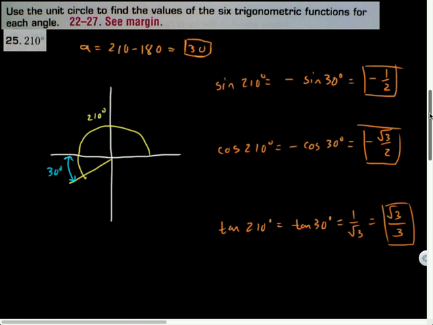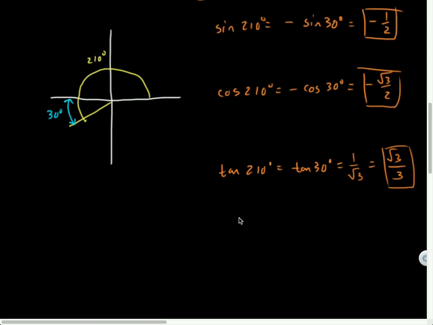Now, for all of their reciprocal functions, if I reciprocate a negative number, it stays negative. If I reciprocate a positive number, it stays positive. So all of their reciprocal functions have the same sign. So let's figure out cosecant 210 degrees, which is going to be negative.